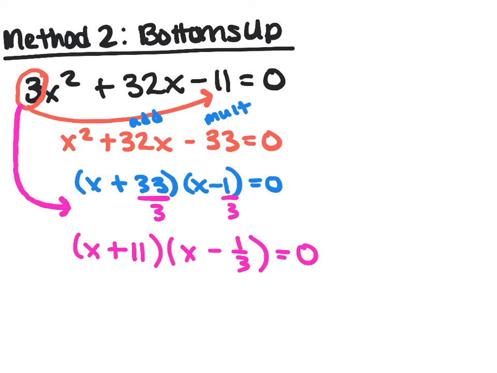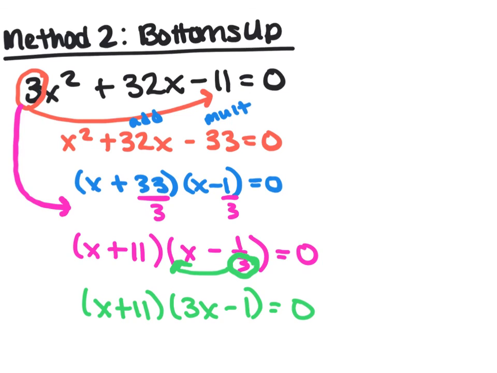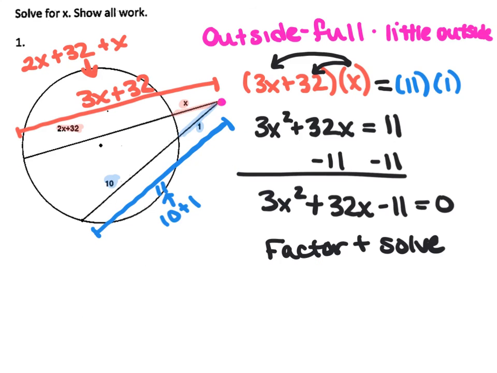The last thing that you're going to do is bring whatever is left in the bottom, or the denominator, up in front of the x. So the first term stays as x plus 11, and the other term becomes 3x minus 1. Now whichever method you chose to use, which is completely up to you, you're going to have 3x minus 1 and x plus 11 as your factors.